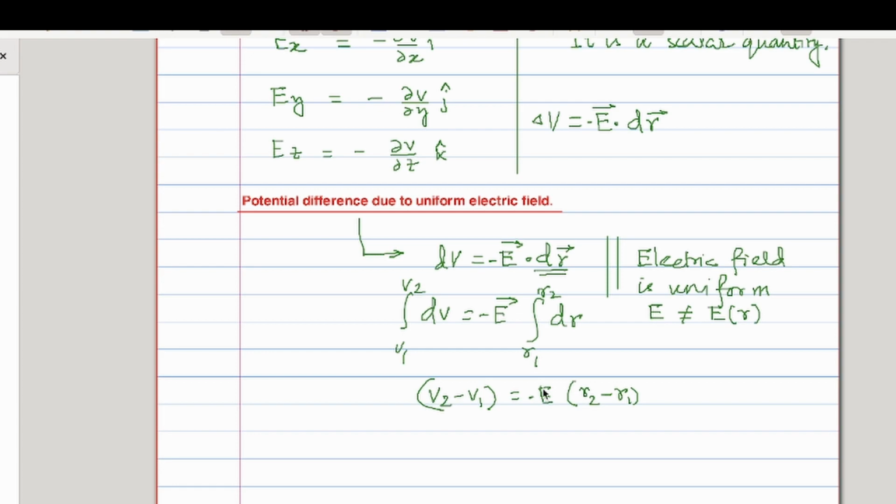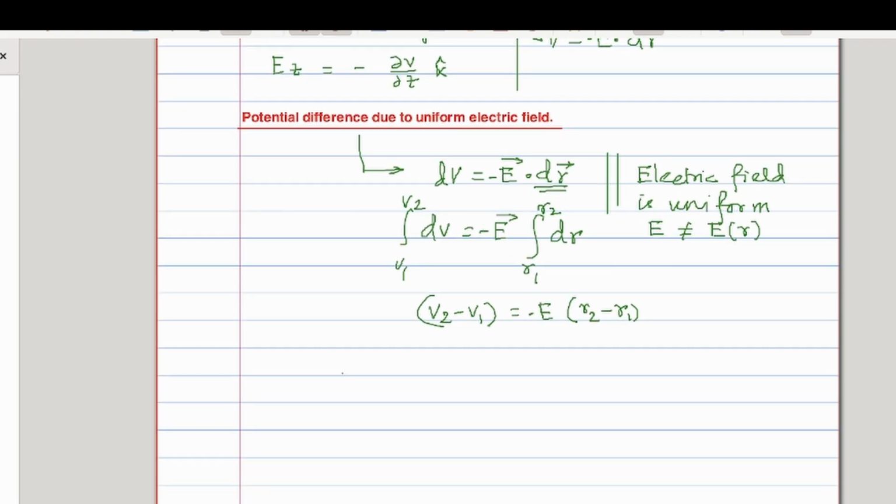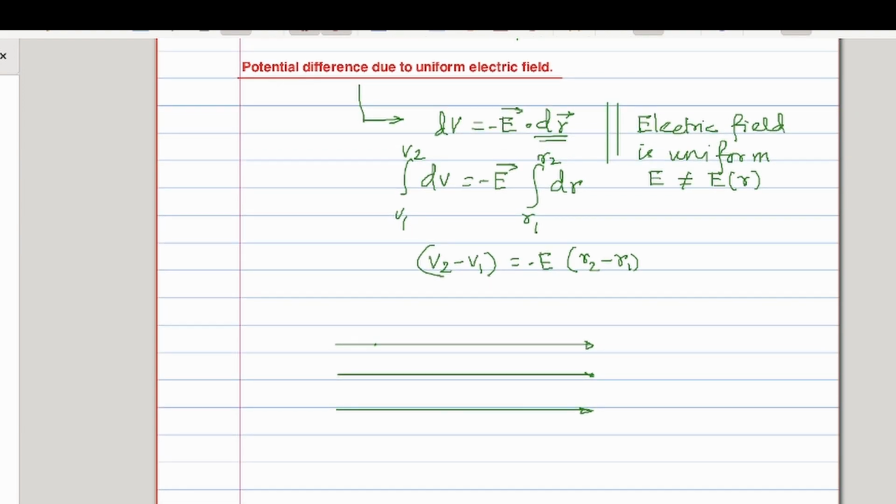Okay, that means if this is a region of uniform electric field, and if we take 3 points A, B and C here, and the distance between them is d, and the potential of this point is V1, and potential of this point is V2, potential of this point is V3.